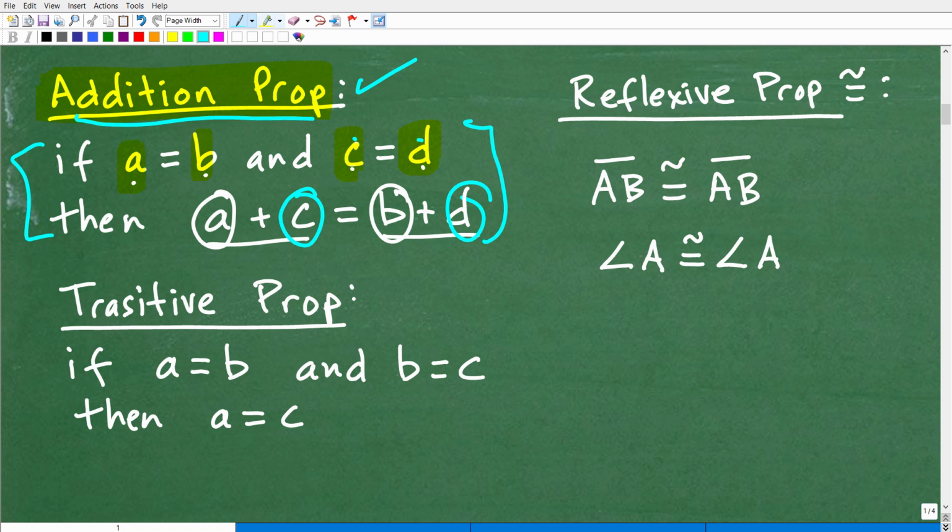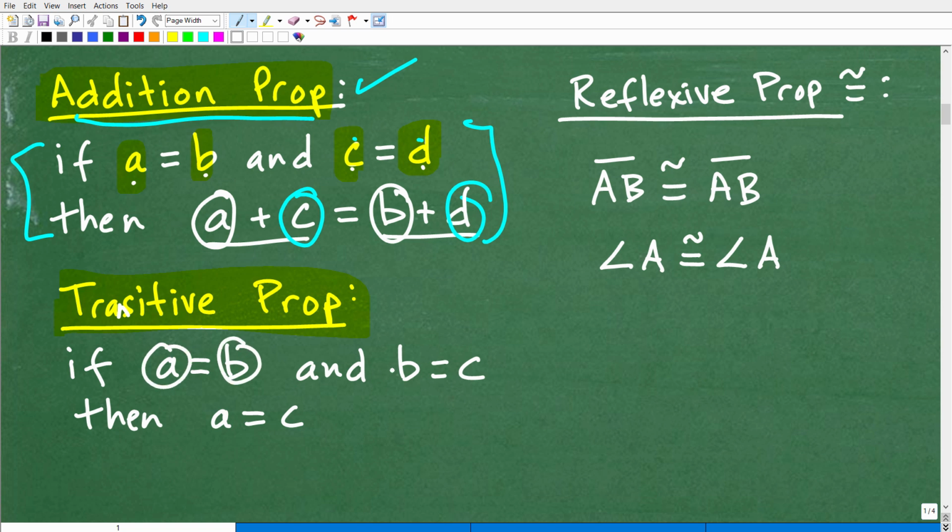All right, so let's take a look at another example of a property in algebra, and this is the transitive property. Transitive property, a big property. If A equals B and B equals C, then A equals C. So it makes sense, right?